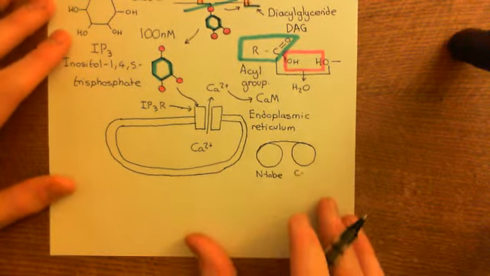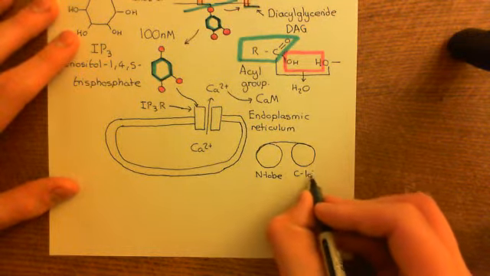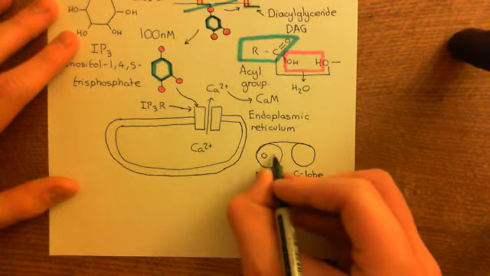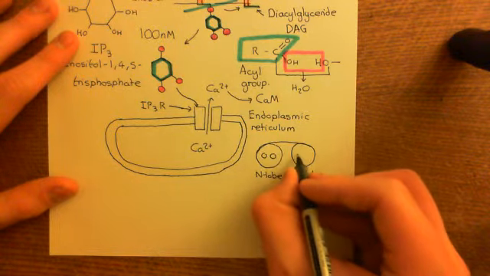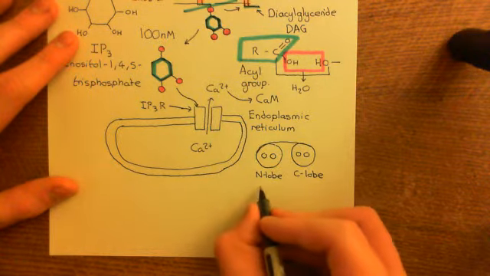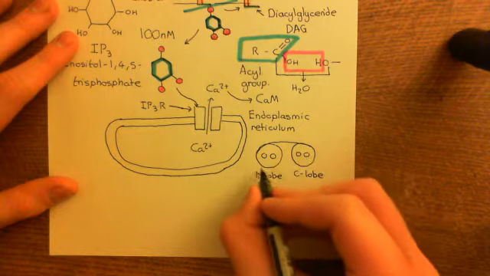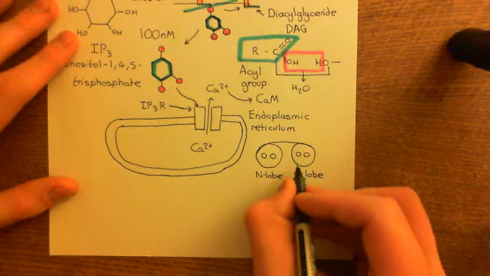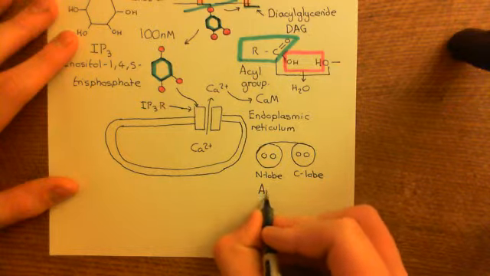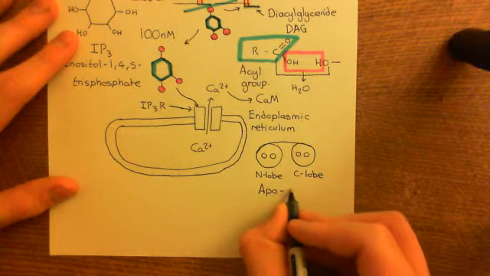And let me just bring this up a little bit. On each of these lobes you have 2 calcium binding sites. The N lobe has 2 calcium binding sites, and the C lobe has 2 calcium binding sites. This structure at the moment, where you have calmodulin with no calcium bound to it, is what's known as apocalmodulin.